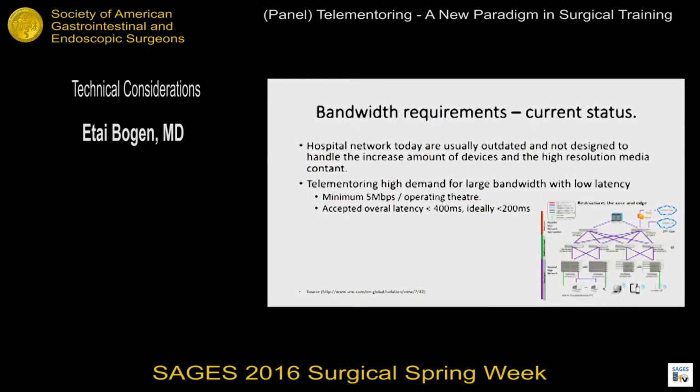The telementoring system has a demand for very large bandwidth with low latency. We found that the minimum requirement is 5 megabit per second per operating theater, and the acceptable overall latency is 400 milliseconds, but ideally it should be under 200.